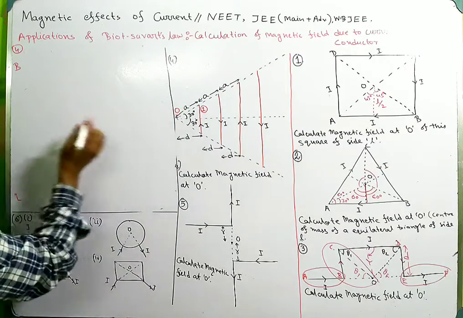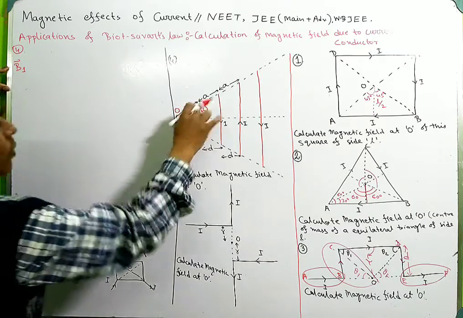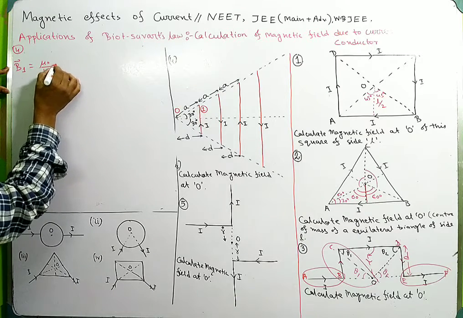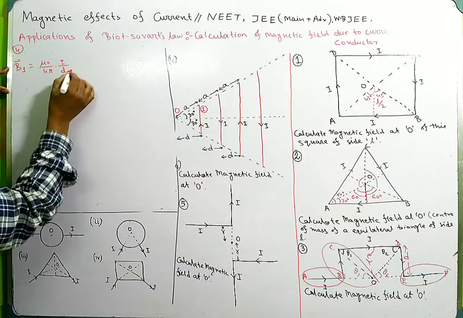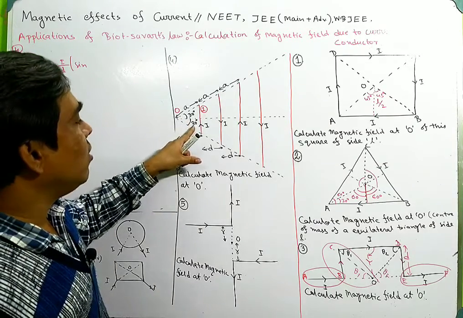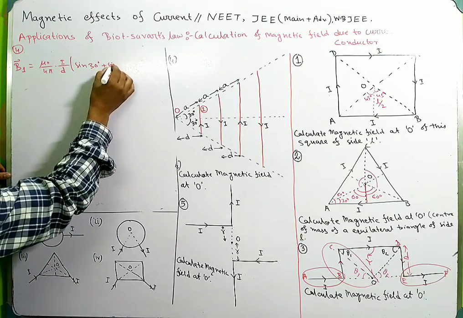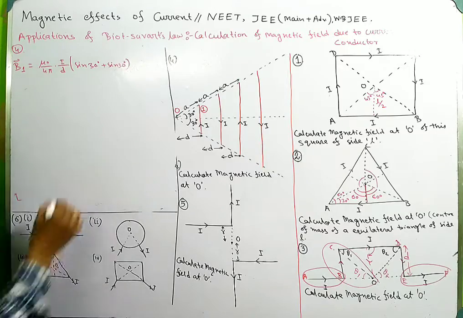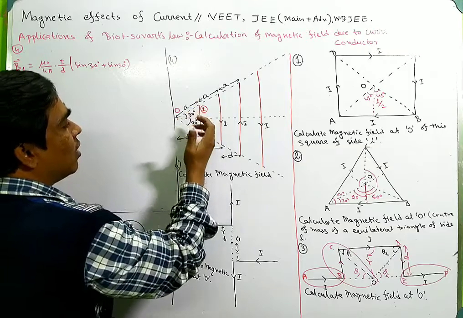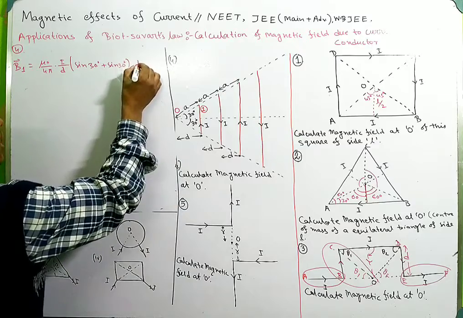So the magnetic field at O due to wire 1 will be mu 0 by 4 pi into I by d into sine 30 plus sine 30. The direction: this is I and this is D, so upward.